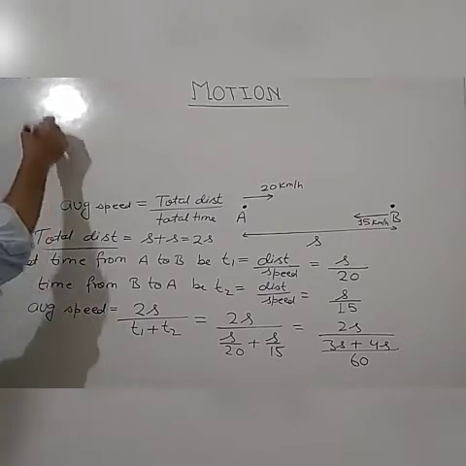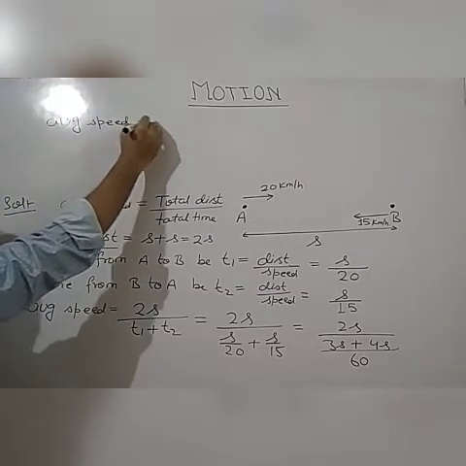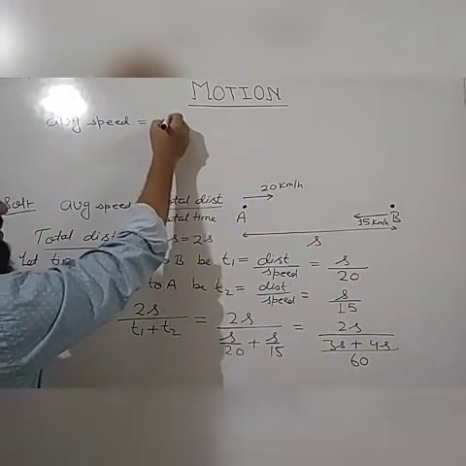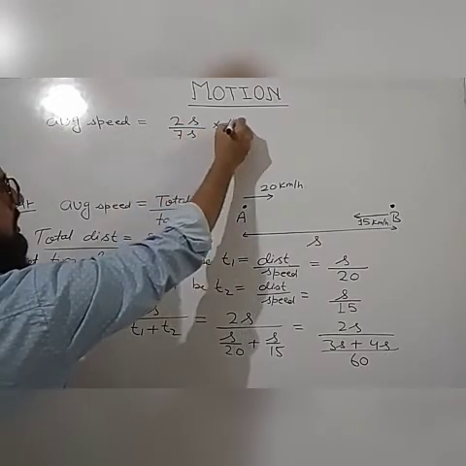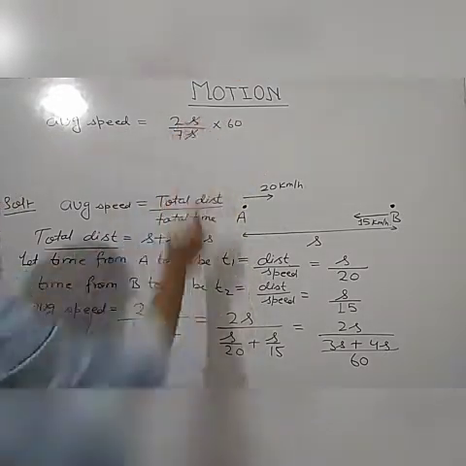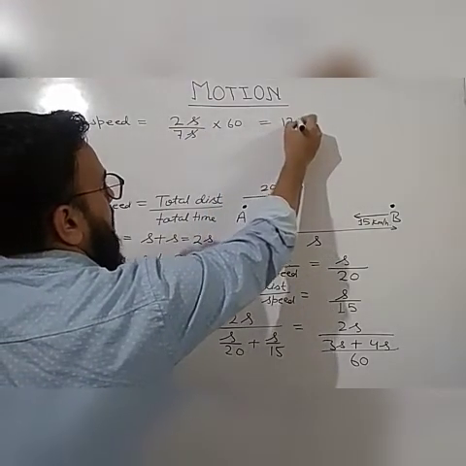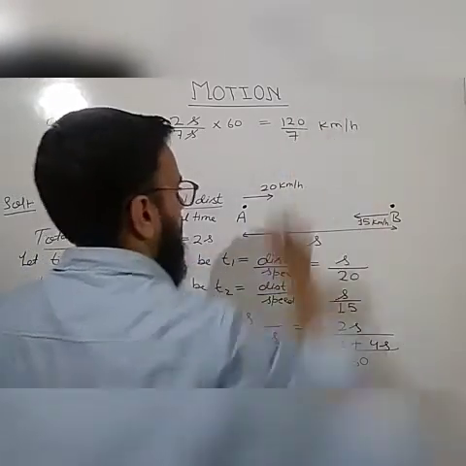So the average speed is equal to 2S upon 7S into 60. S will cancel out. So the average speed will be 120 by 7 kilometer per hour.